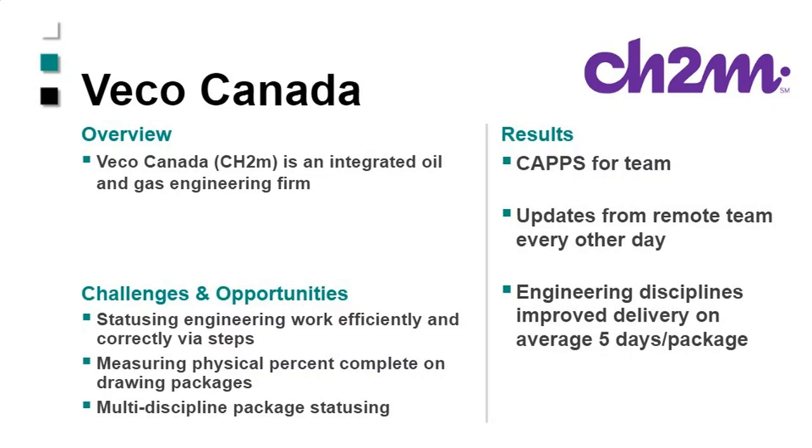So they went from not being able to really understand it and missing the bulk of their deadlines, like we're talking about 80 to 90% missing of their deadlines, to improving that and delivering the packages much quicker. On average, the packages were delivered 5 days faster because they had a better idea on the forecasting and a better idea of where the real problems were. So the steps transparency with physical percent complete was a big game changer for them.